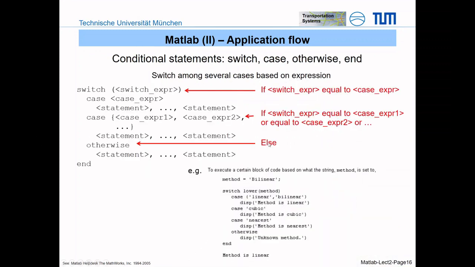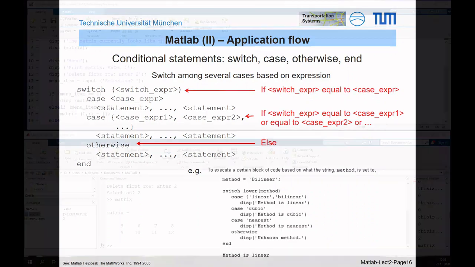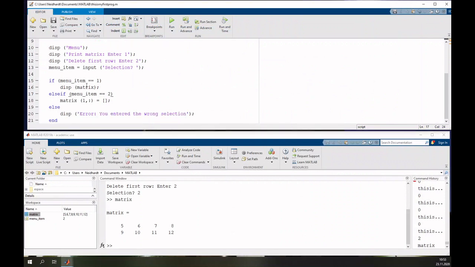Let's come to another conditional statement, which is the switch case statement. So I directly explain this maybe with our menu so that you see what is meant by this. So let's jump to Matlab. You remember we had this setup. So we have a large sequence of if-else conditions, and each of these if conditions just check a scalar against an input variable.